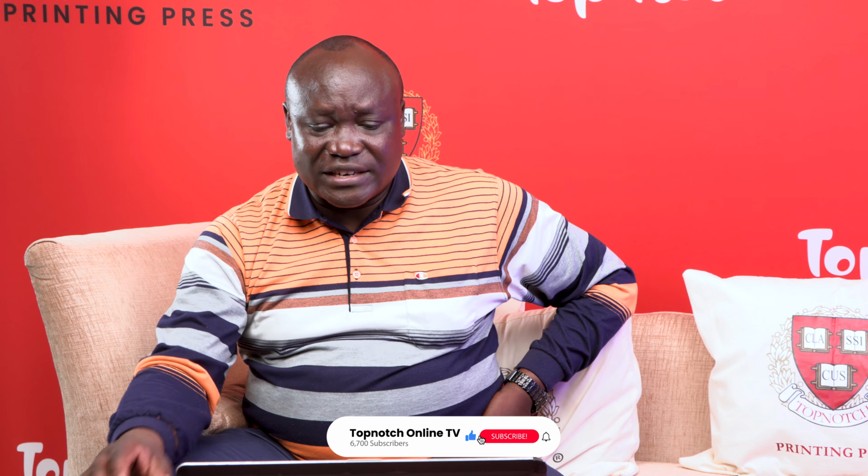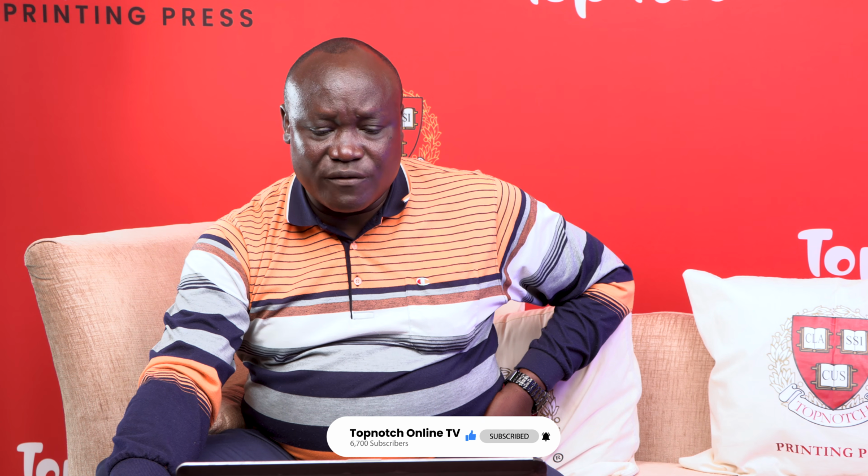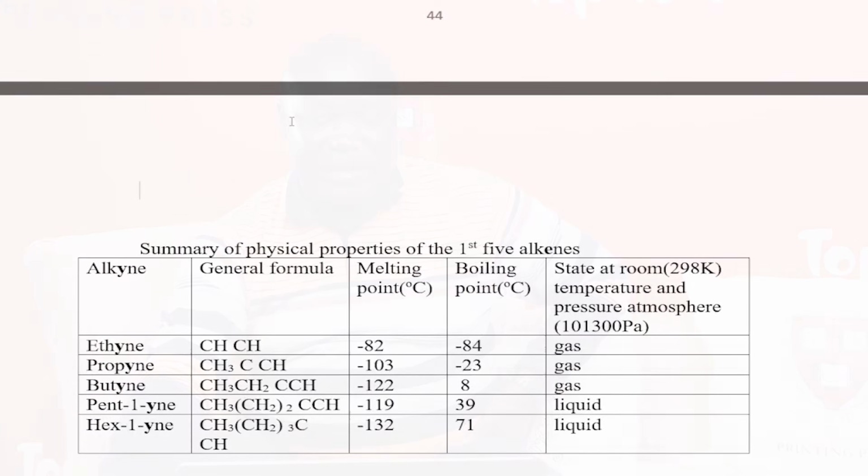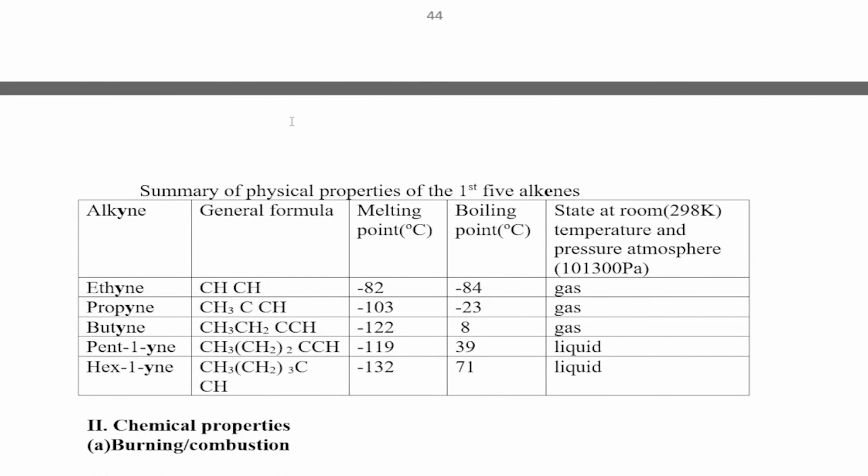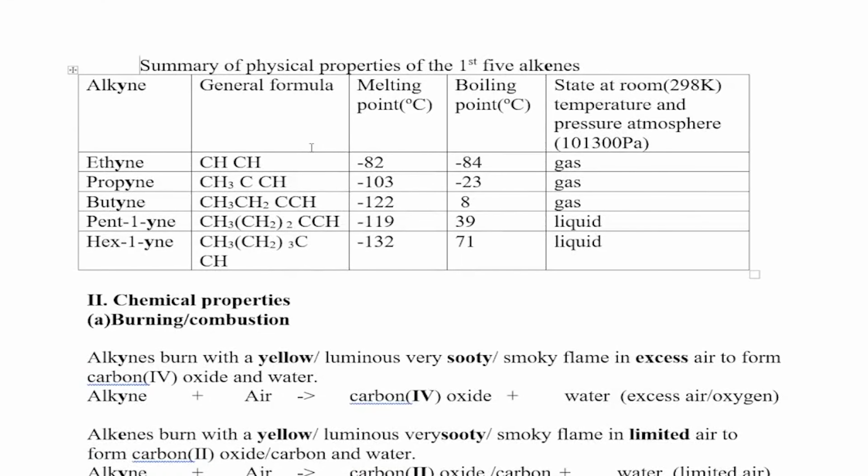They are colorless gases, either solids or liquids, not poisonous, and slightly soluble in water, and the solubility decreases as you move down the homologous series. And those properties are summarized in the table that you can see on the screen.